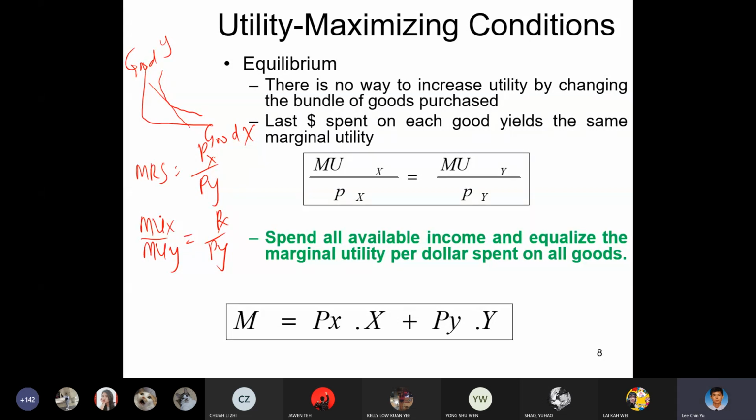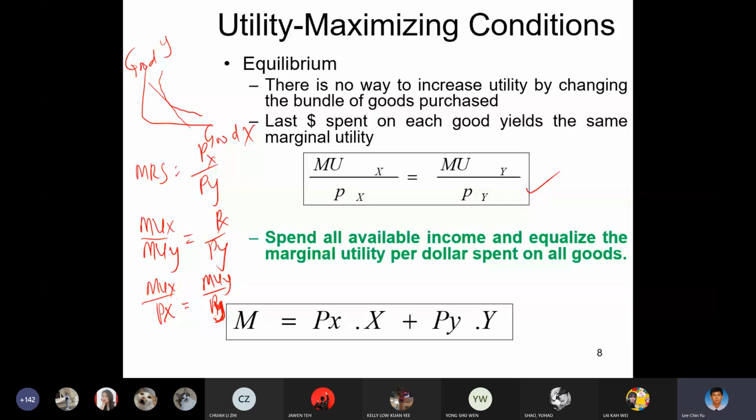So if we rearrange, it means that we also achieve the first condition. This is Y, sorry, this is Y.